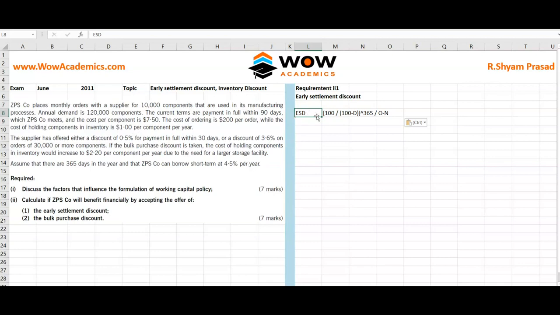But ESD works like this: 100 divided by 100 minus the discount, to the power of 365 divided by old days minus new days. So we need certain numbers here to calculate: the discount rate D, then the old days, then the new days. These numbers are what we require initially.